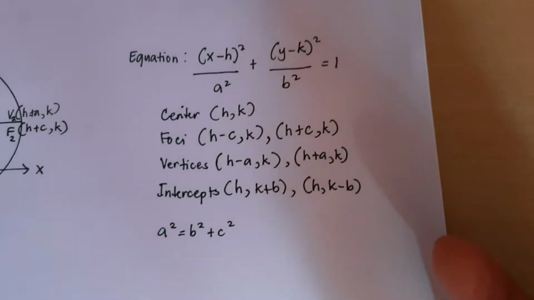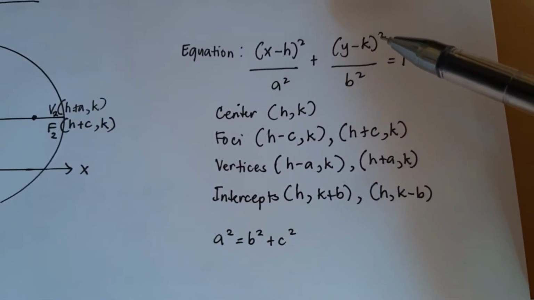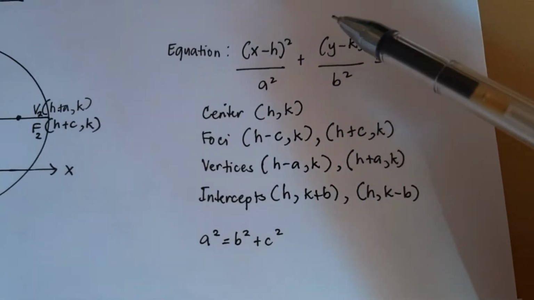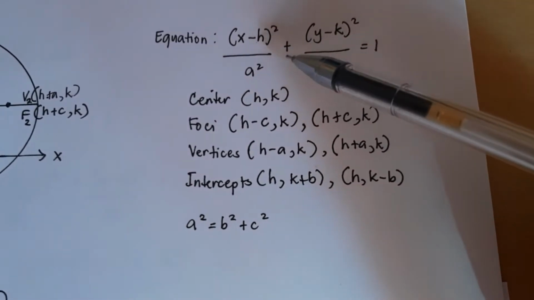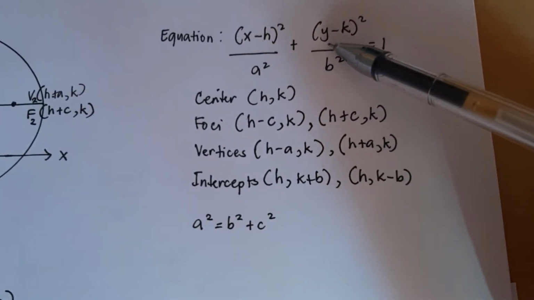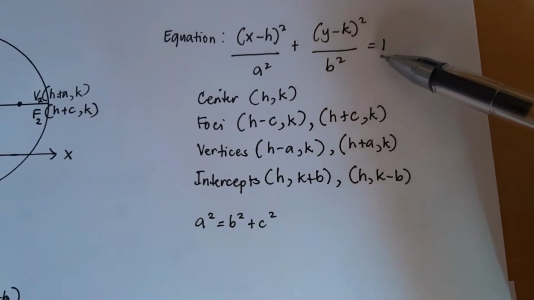So, this will be the equation that you're going to use for the standard equation of ellipse. So that will be (x minus h) squared over a squared plus (y minus k) squared over b squared is equal to 1.